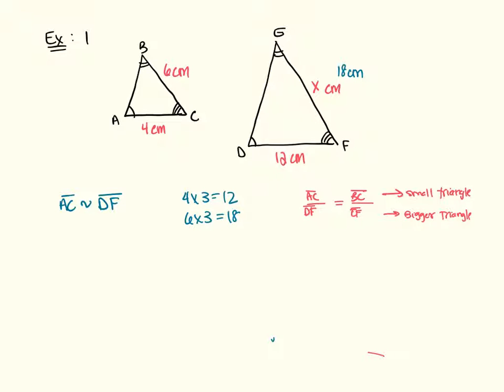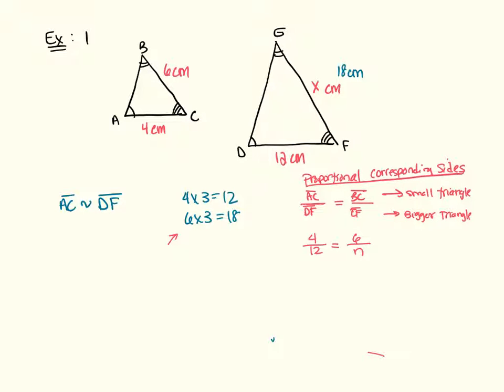Now that we have our corresponding parts in the correct location, let's put the numbers in those spots. So 4 is here, 12 is here, 6, and N. Sometimes you will not be able to justify as easily as we did when we first introduced the problem, so you will have to do the proportion setup. Let's call this proportional corresponding sides.